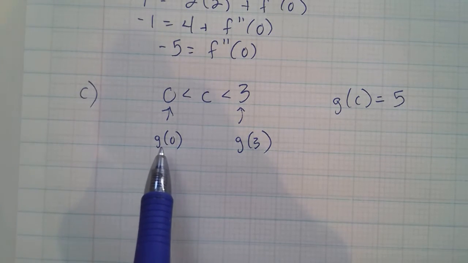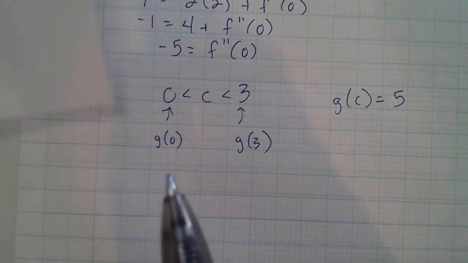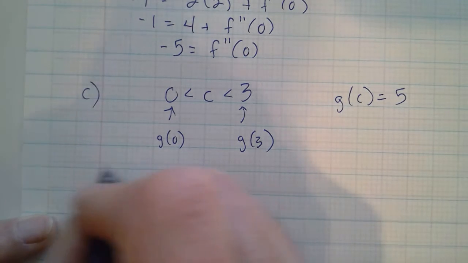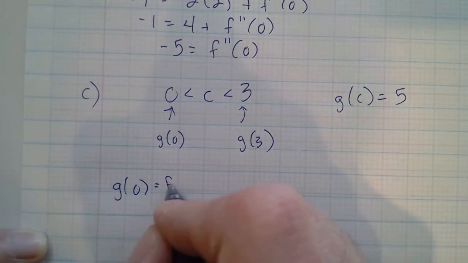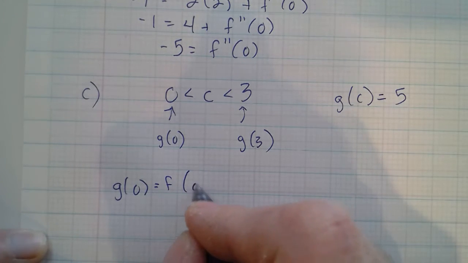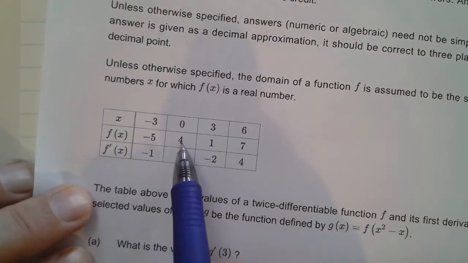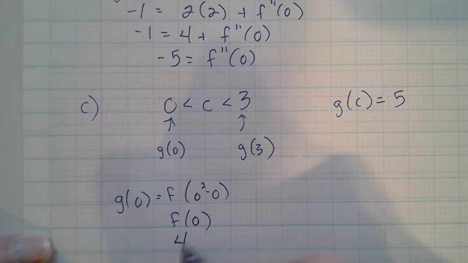So let's figure out what g of 0 is. G of 0 is f of 0 squared minus 0. So it's the same as f of 0. So from the chart, f of 0 is 4. All right.